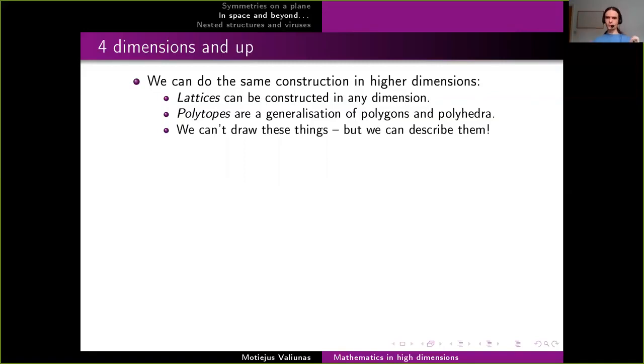Again, we don't have any picture, but we can use mathematics to describe how it looks. And you can also describe something called polytopes, which are a generalization of polygons and polyhedra. And these again exist in any dimension.